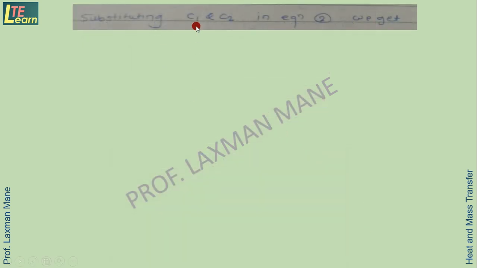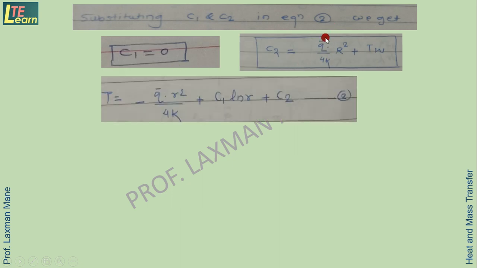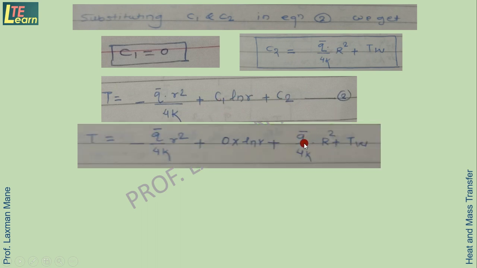So now we have the C1 and C2 expressions. We put these expressions in equation number 2. This is equation number 2. In place of C1 we write 0, and in place of C2 we write this whole expression.